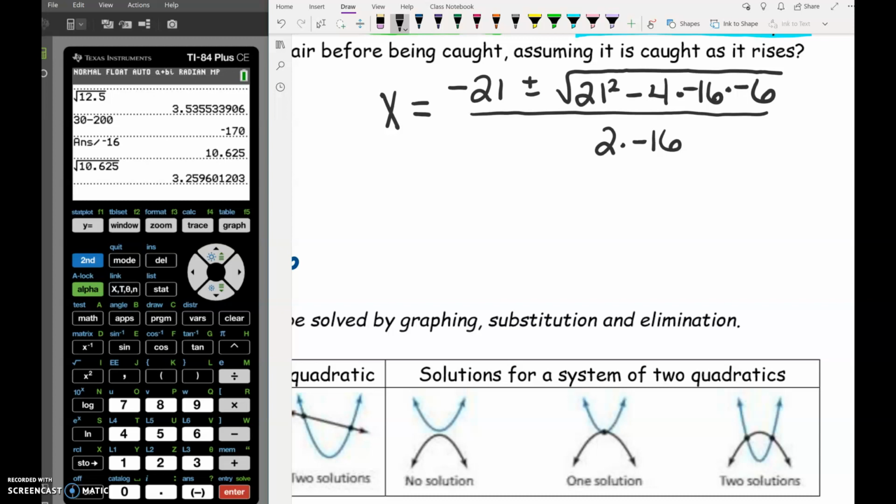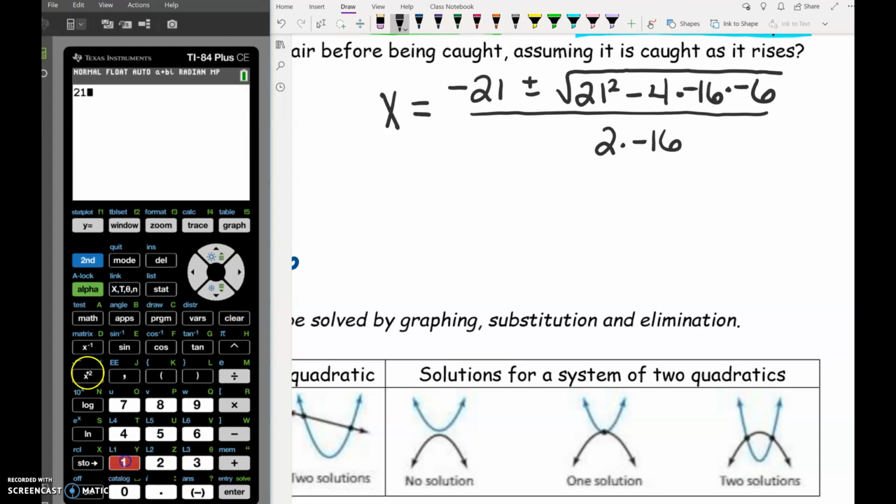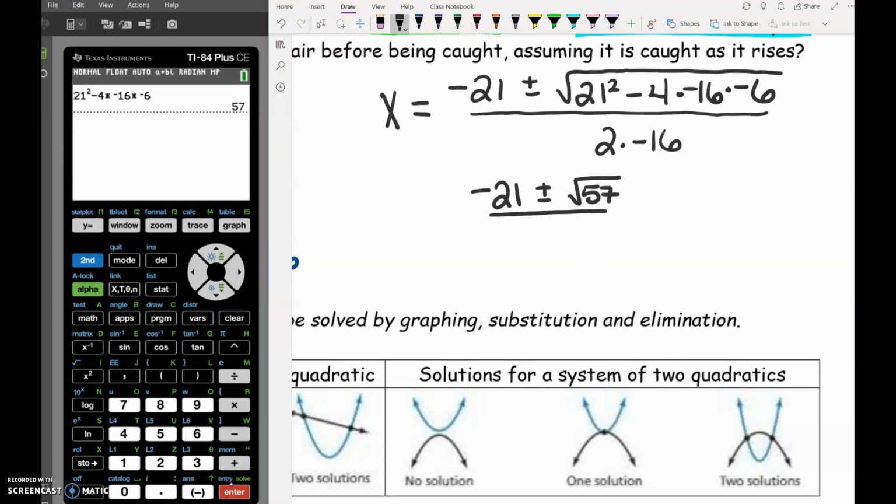Okay, always try to do the discriminant. We now know it's called the discriminant first. So 21 squared minus 4 times negative 16 times negative 6. That's 57. So we have negative 21 plus or minus the square root of 57 all over negative 32. Okay.